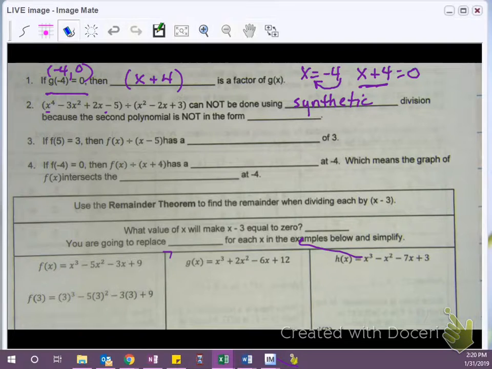So what this means is, if you have this format, you must use long division. So if you're dividing by something that is not linear, so we're dividing by a quadratic in this example, you must use long division. We tried making that work and it doesn't work.